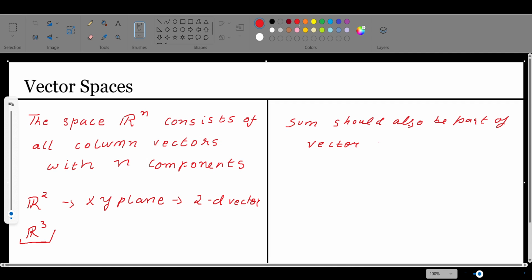That's one of the points we're going to discuss. Now that may not happen if you're talking about planes in three-dimensional space. That's one more thing. It's called a subspace, a plane that has all vectors. We'll talk about that in a lot more detail in the next video.